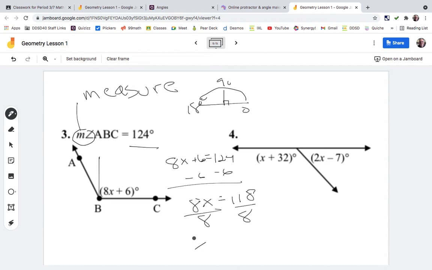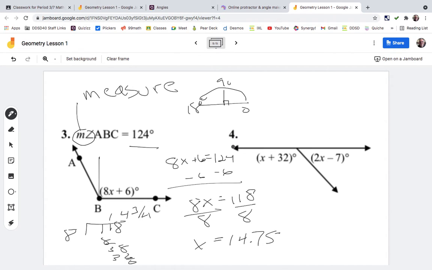And let's see, 8 goes in there once, so 3 left over. So I'll just do it right here, 118 divided by 8. Let's see, 4, 2, 6, so 14 3/4. So x is 14.75.